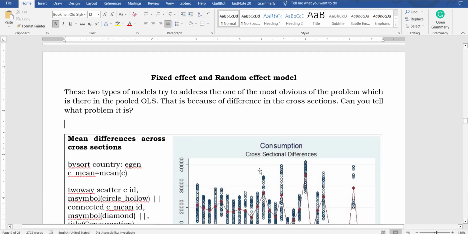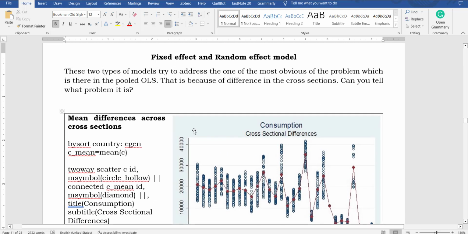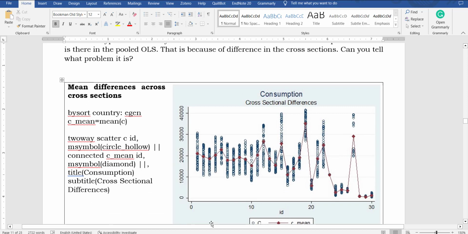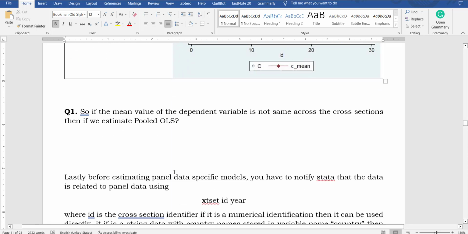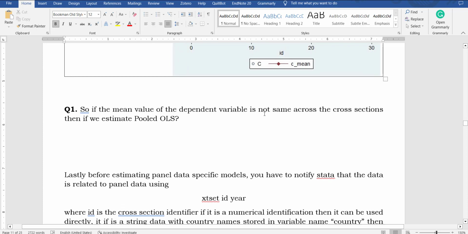When we plot the dependent variable across cross section, there is no homogeneity. This is the command that can generate this graph. This means that the dependent variable is not the same across cross section, so we cannot estimate pooled OLS. We need a model where intercepts differ across cross sections, if we assume that our theory is homogeneous across the model.